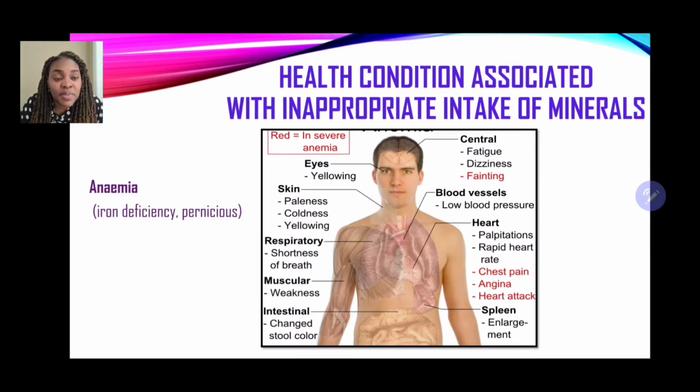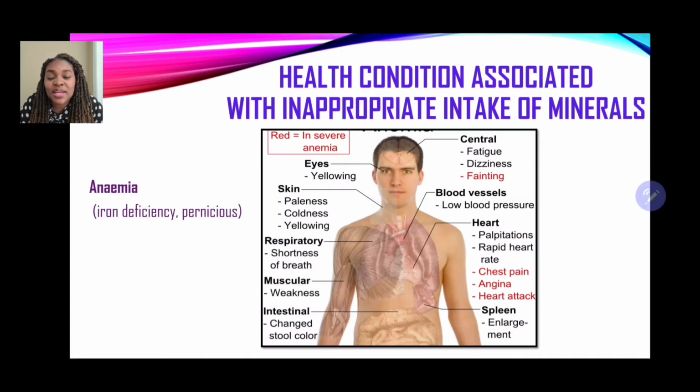Now, let us go through some of these signs and symptoms that are being displayed on your screen, right? So fatigue, dizziness, and most times persons may also faint. Now, low blood pressure. As it relates to the heart, it is affected in the following ways. So there may be palpitations. When we speak of palpitations, we're speaking about the rapid heart rate, or the rapid beat of the heart.